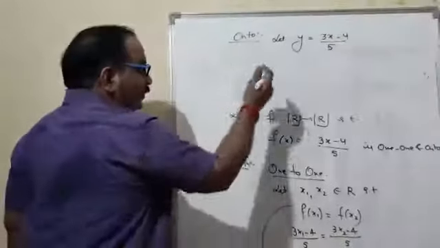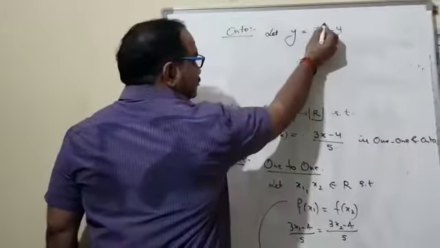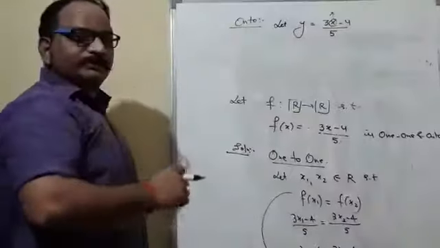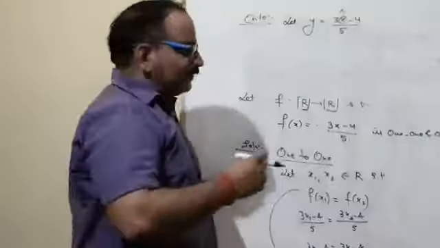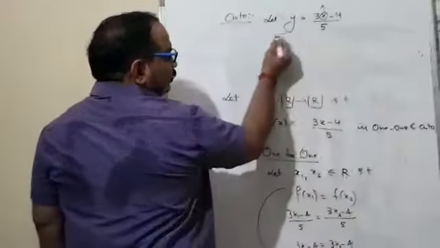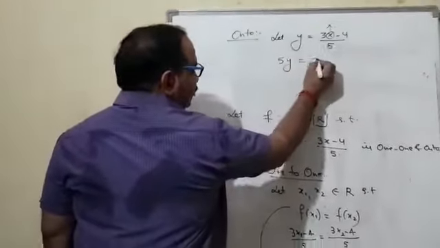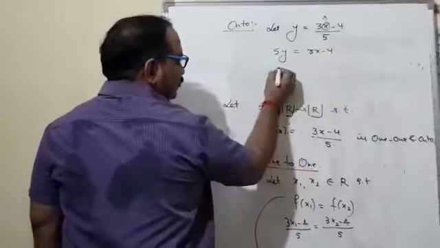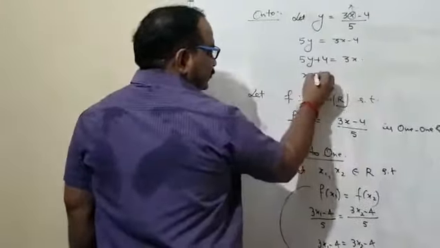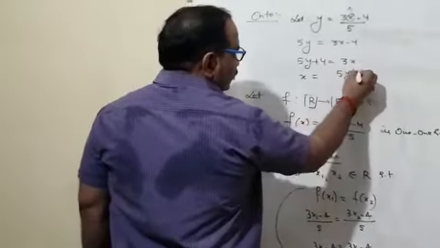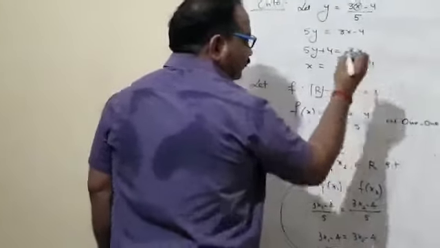Again I am saying, we have to find out the value of x. In every problem, sometimes it is easy to calculate, sometimes it is lengthy, but we have to do it ultimately. So I can cross multiply: 5y equals 3x minus 4, it can be transposed, 5y plus 4 equals 3x, and x comes to (5y plus 4) upon 3.